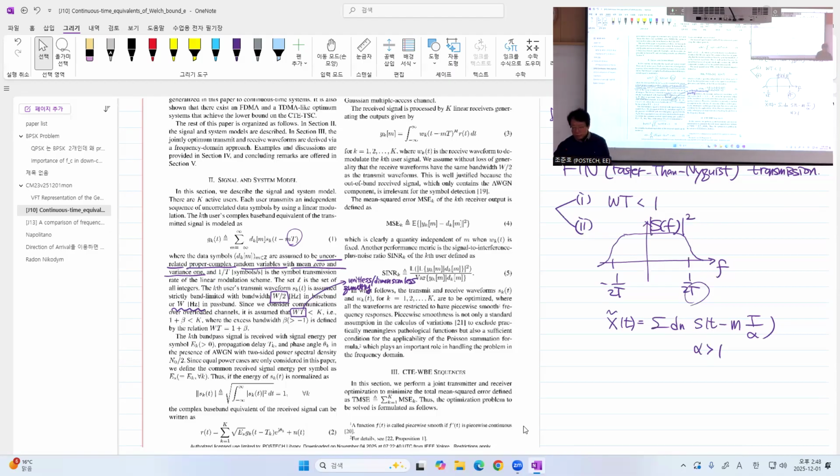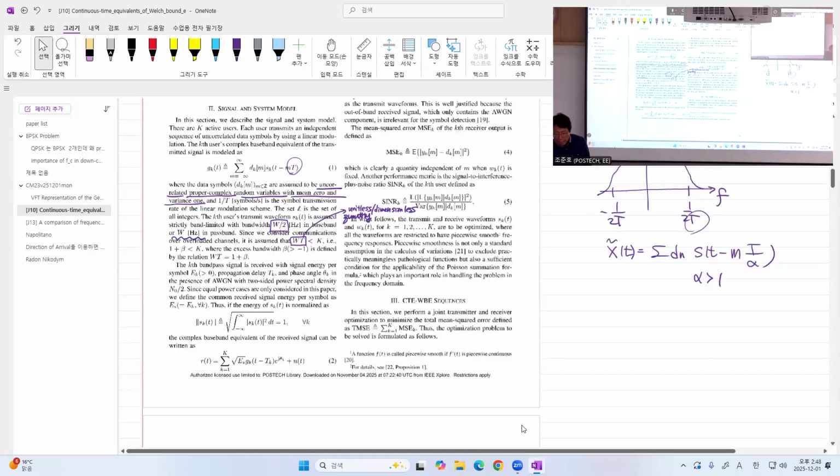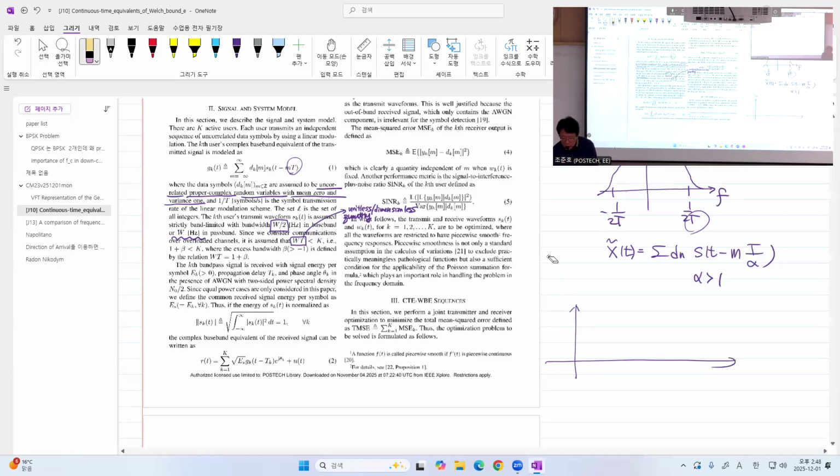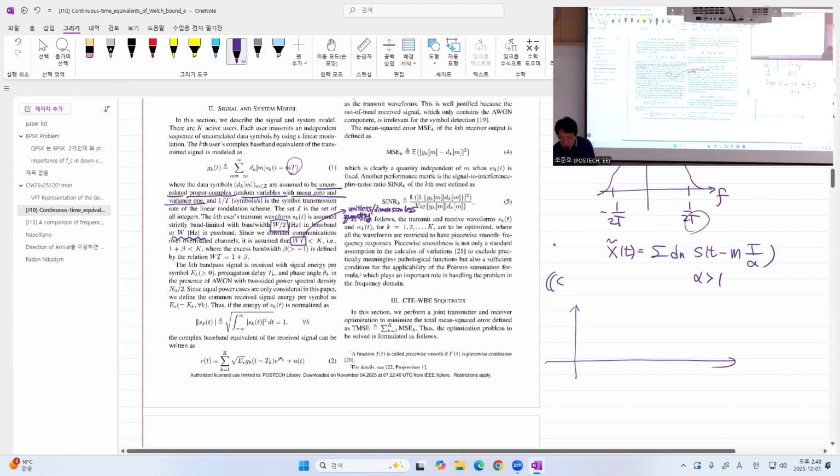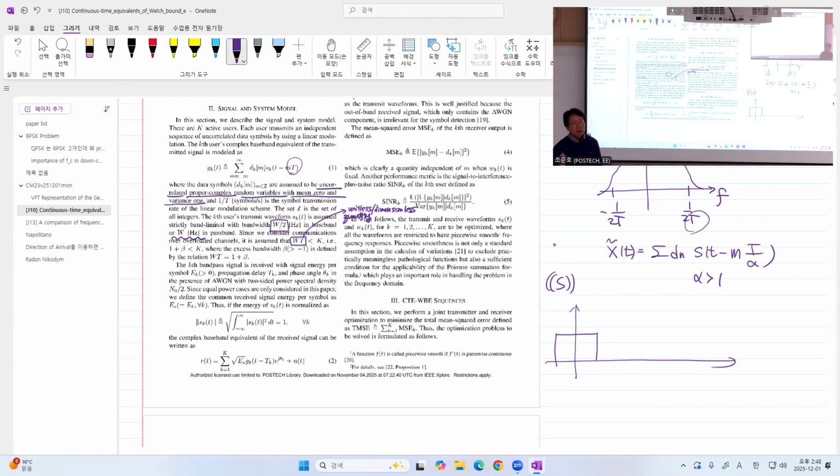And the result is strikingly simple. For the very special case, the optimal pulse is what? Still flat. It's a sinc pulse. And I have to say that it is one of the optimal pulses. Got it?